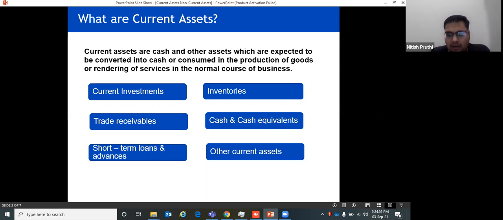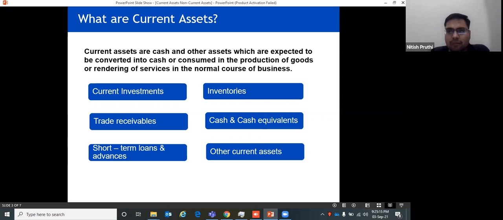Now coming on to the second part of this definition, it says consumed in the production of goods or rendering of services in the normal course of business. Here it talks about production and services. Now what is it all about? Let's say you are a businessman, you have a factory or a manufacturing unit.